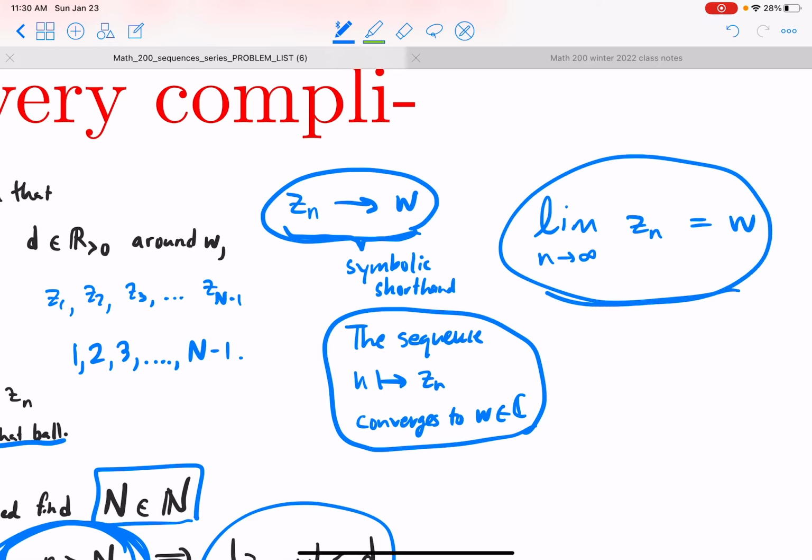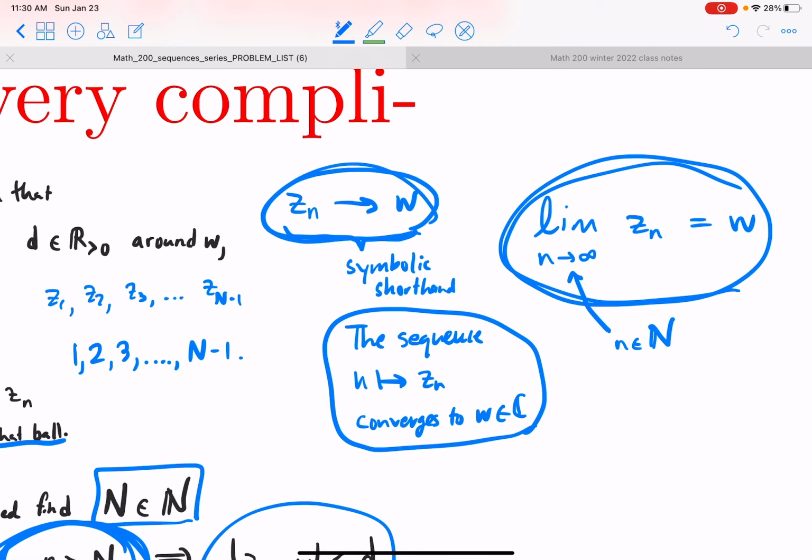I really don't like this because it doesn't really tell me that n is a natural number. It sort of suggests that n could be a real number, and then we'd usually write x for the variable name. But anyway, the choice of variable name is supposed to tell me that I have a sequence indexed by natural numbers.